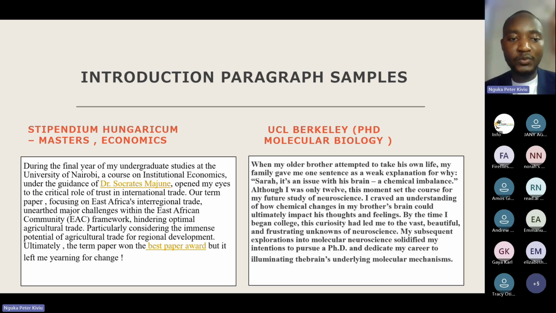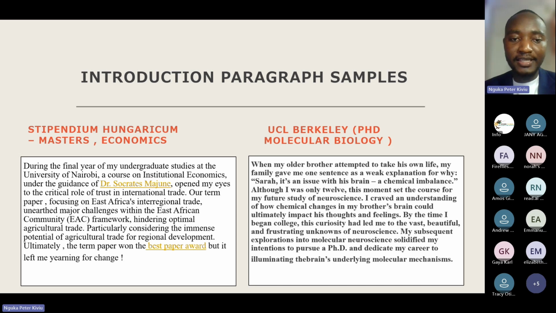And in the last sentence, when I say that the term paper won the Best Paper Award, but it left me yearning for change, the person on the scholarship committee reading my second paragraph is hoping to see what kind of change I put in the second sentence. So it's very important that in the first paragraph, you are able to put a hook on the person who is reading your essay.